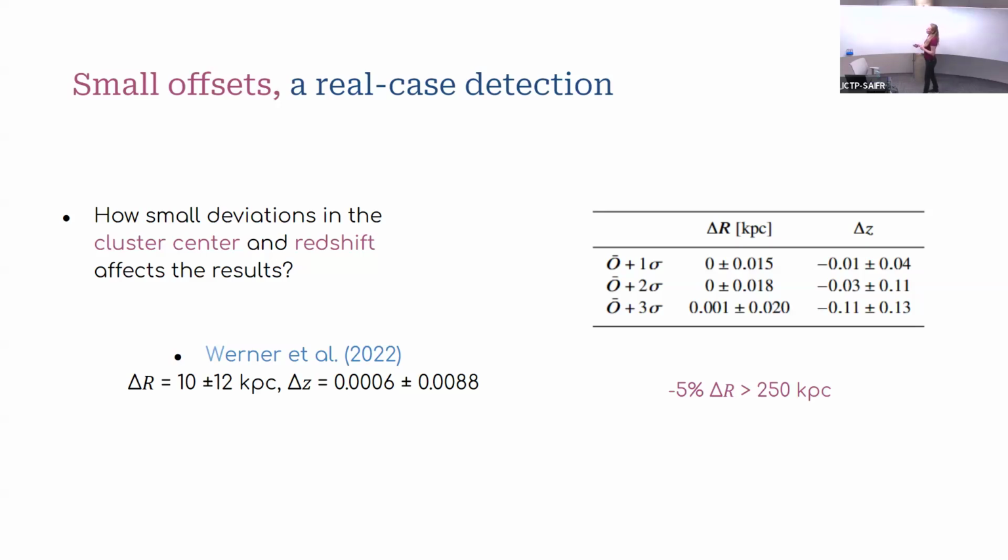What we found is that the richness results are not affected by small deviations in the center. They start feeling something when we get the center wrong by 250 kiloparsecs, and then we lose only about 5% of the richness. But this is a little different when we go far away in the projection space, in the redshift space.